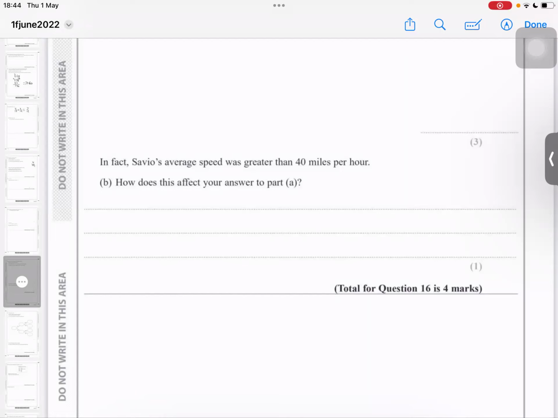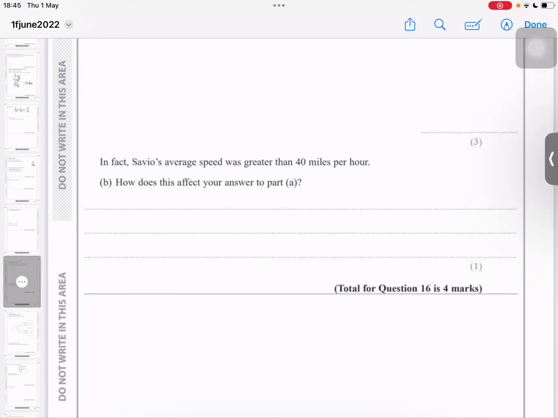Notice we said that speed equals distance over time. So if I increase my speed, remember, time is in the denominator. If I increase my speed, what do you think will happen to time? He will arrive there earlier.